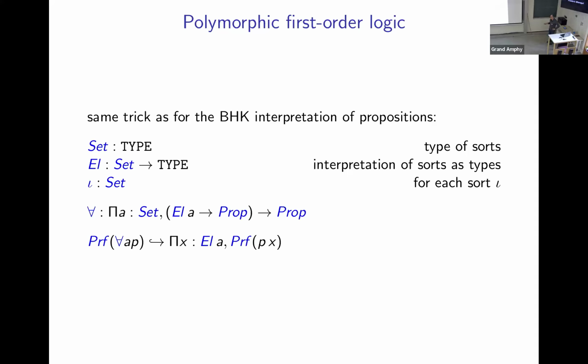And so it's just a generalization of the type and the rule that we have seen before in the first order case. Except you have this dependent type, and we use this element function to interpret those sets as types.